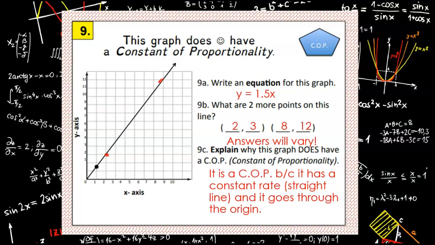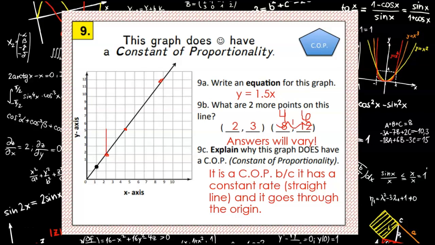Yes, 2, 3. Let's just use here 1, 2, 3, 4. 1, 2, 3, 4, 5, 6. That one doesn't look right. Let's use 4 and 6 here. Okay, and you may have used different points, and that is totally fine.